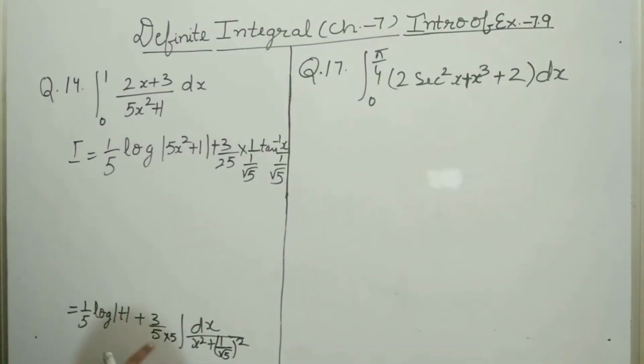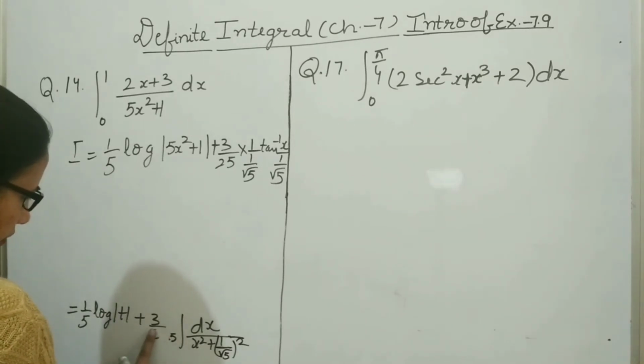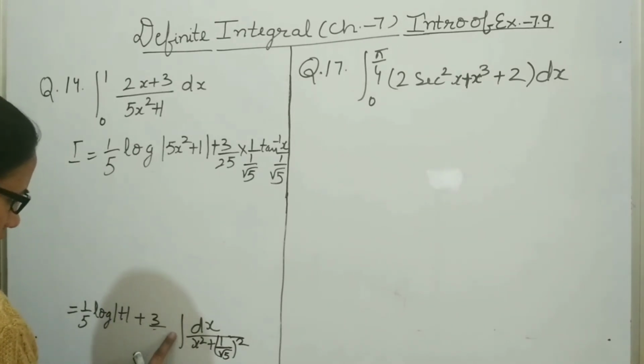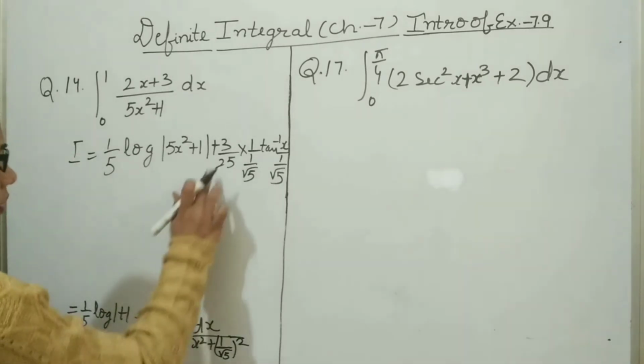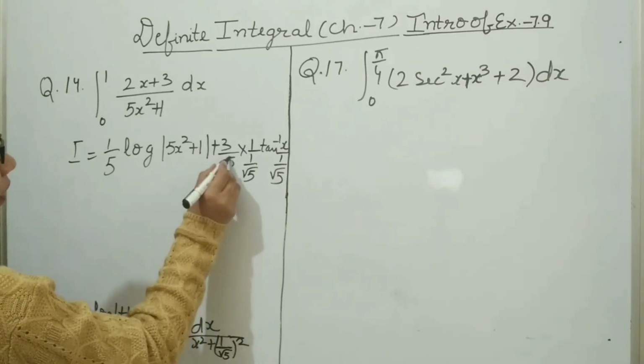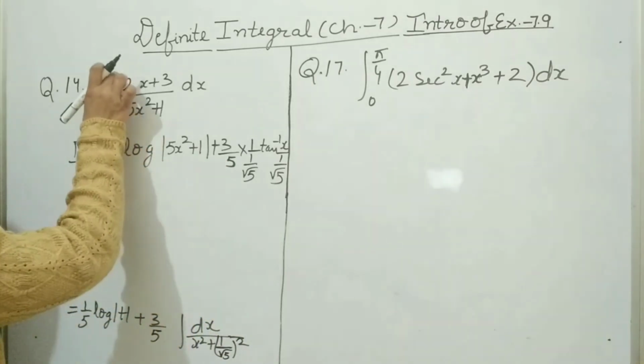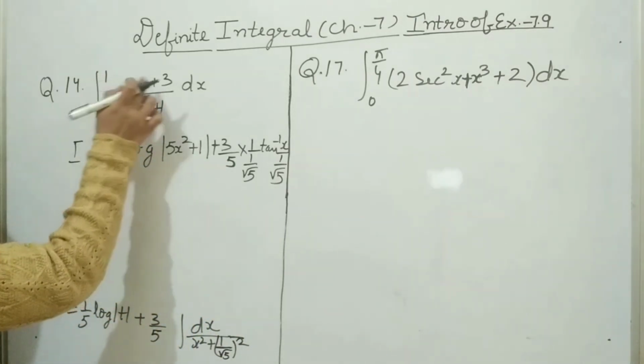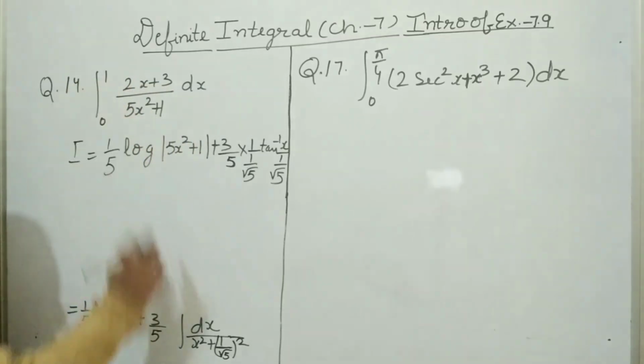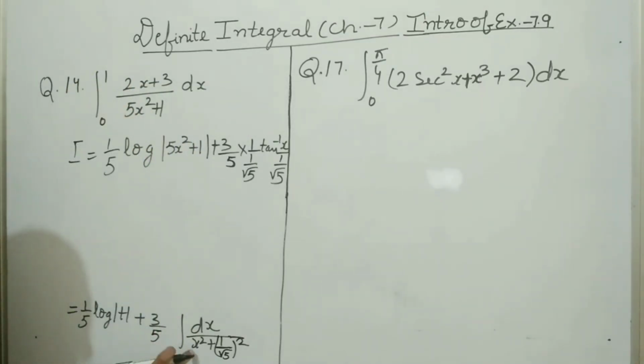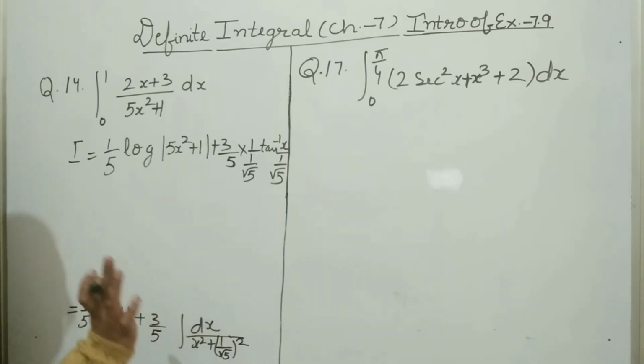Okay, so we take this 5 extra here, the 5 will come outside as common, so here also it will be 5, not 25. Because when we take 5 multiplication and division, the 5 by 5 cancel out. So this 5 comes out from common. We take it common from this 5x square, so 5x square plus 1 by root 5 square.